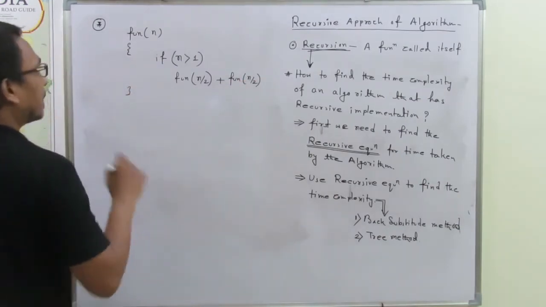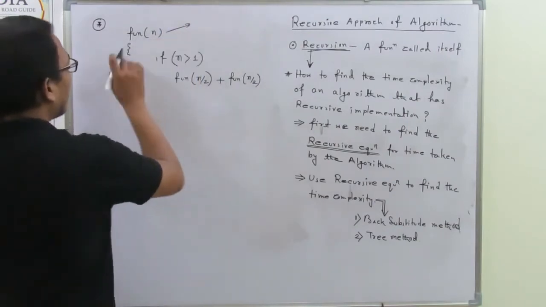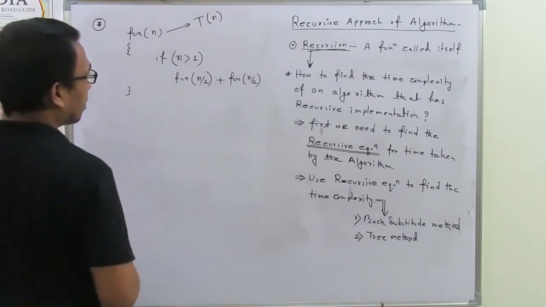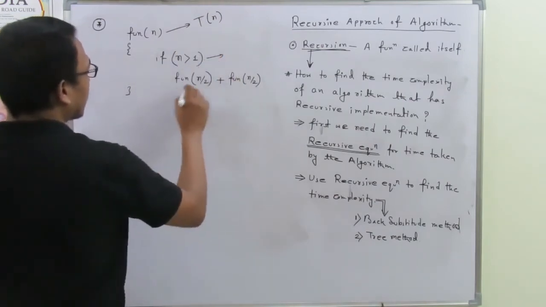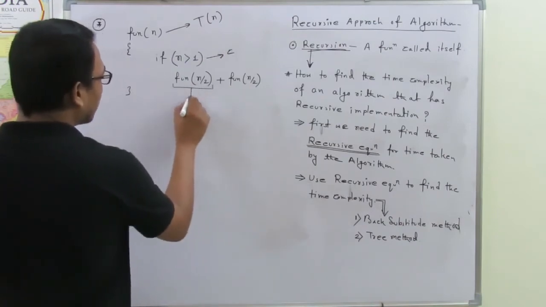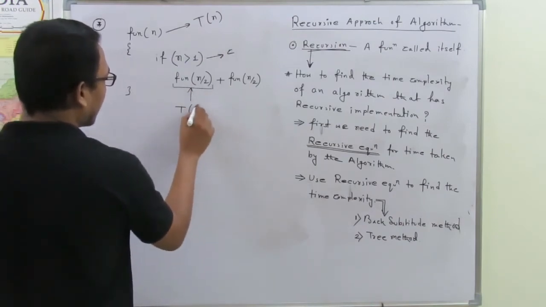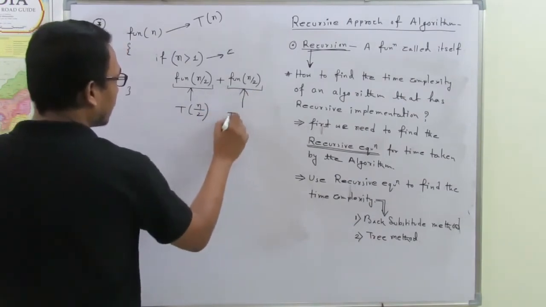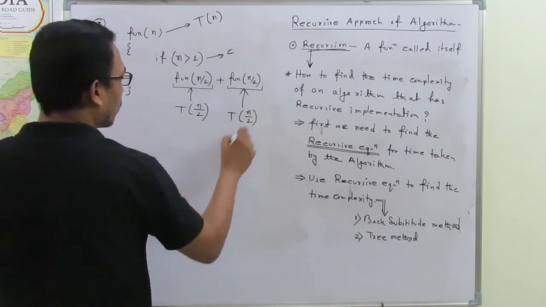Now again the same thing. The time function for this function will be T of n. The time taken for this particular instruction is c only. The time taken by this function is T of n by 2, and the time taken for this function will be T of n by 2 only.